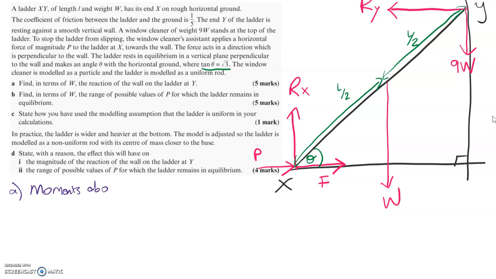Moments about X. We have a clockwise moment of L/2 cos theta times W. We also have a clockwise moment of L, if I look at the big triangle, cos theta times 9W.